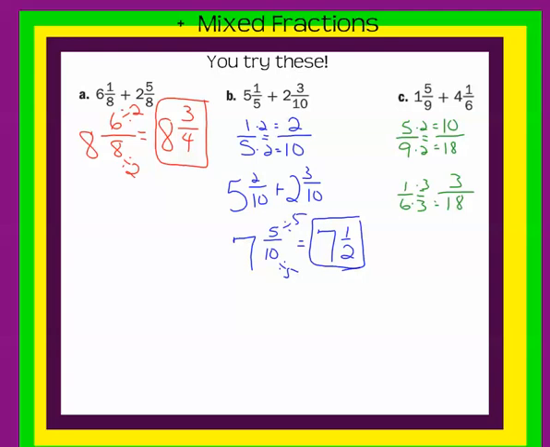So when we rewrite the original puzzle, we see that we have 1 and 10/18 plus 4 and 3/18. That gives us 5 and 13/18. That number is in simplest form.